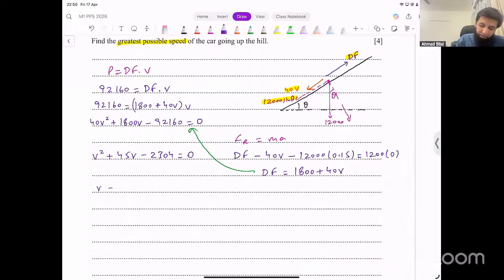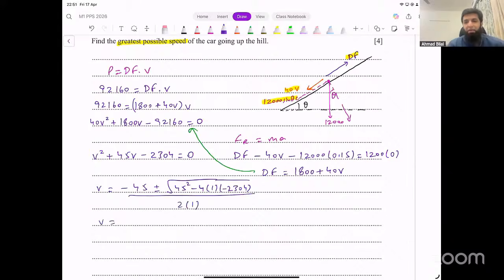And then in your calculator after that, minus 45 plus minus square root of 45 squared minus 4 into 1 into negative 2304, whole divided by 2 times 1. Now you input this in a calculator and see what that gives you.